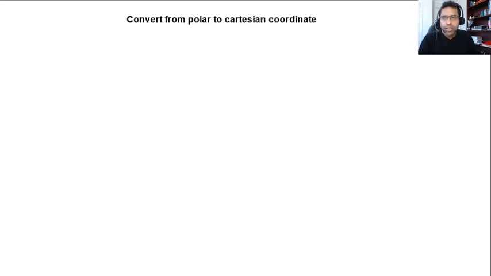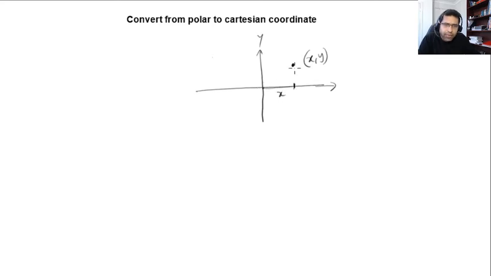Here I would like to remind you that when you have an XY plane, let's say this is our x-axis, this is our y-axis, and you have a point located here, in Cartesian coordinates we say it's x and y, because it's going in the horizontal direction by x, and if you make a vertical line here, it's y.